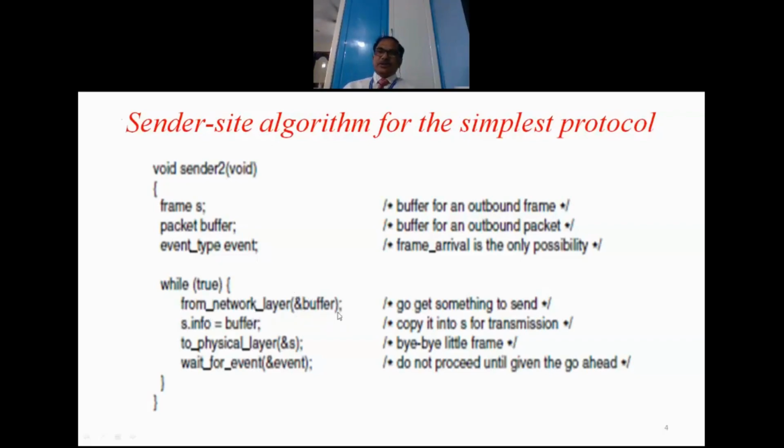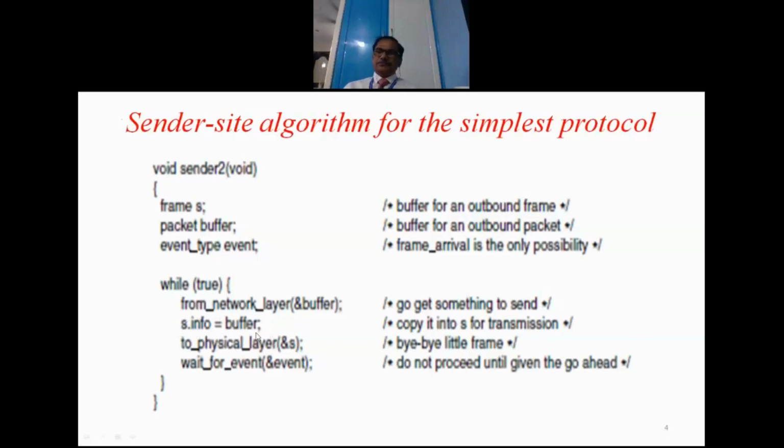So whatever buffers are allocated at the sender's data link layer, in that buffer the received packet or data from the network layer is stored. Then it is going to create a frame. S dot info is nothing but a frame. So the frame will have the information stored in the buffer. So it is going to create the frame.